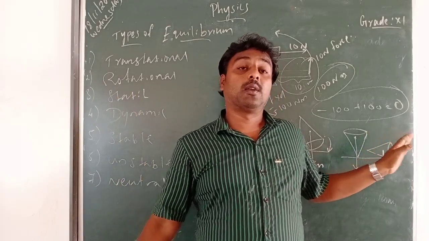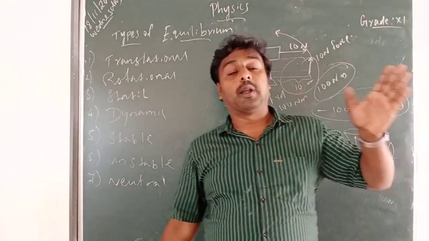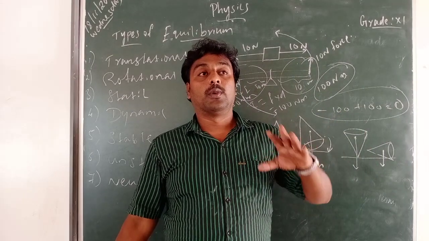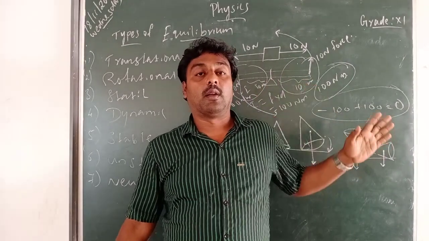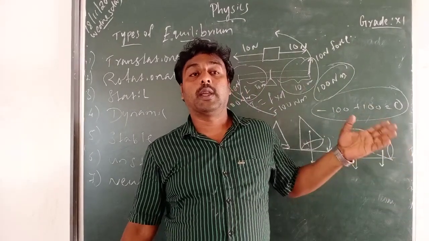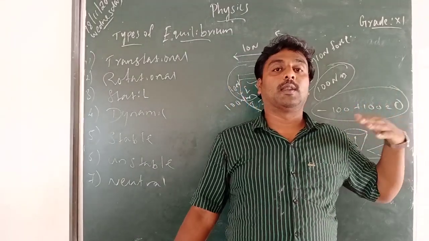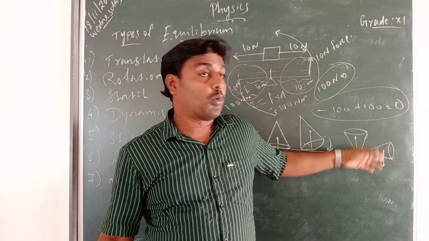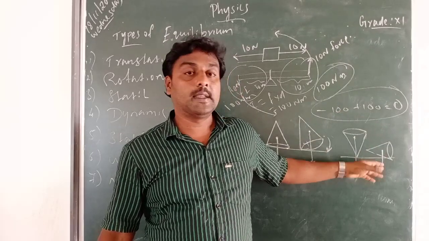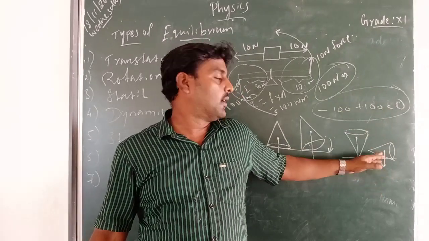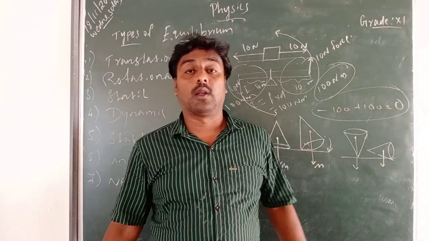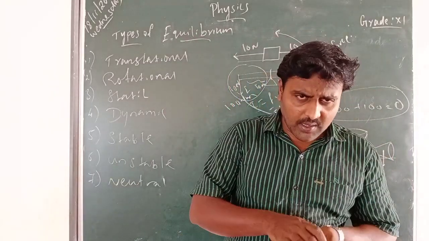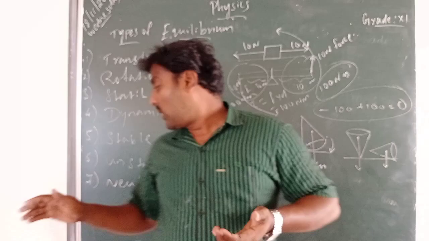In unstable equilibrium, linear momentum and angular momentum are 0. If you slightly disturb, it will not come back to its original position. Potential energy decreases and the center of mass is getting minimum.